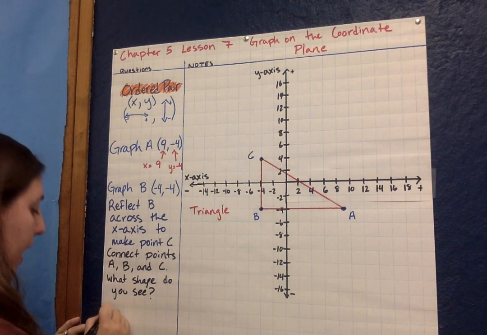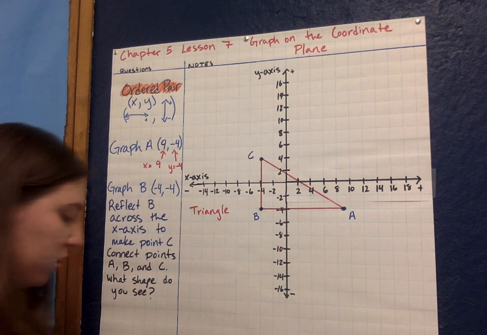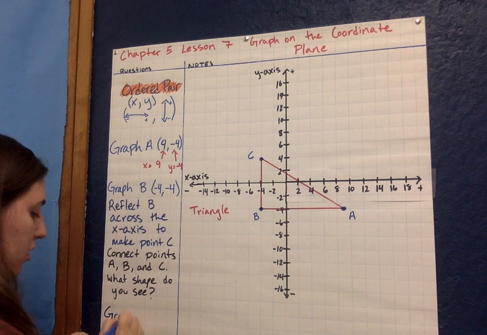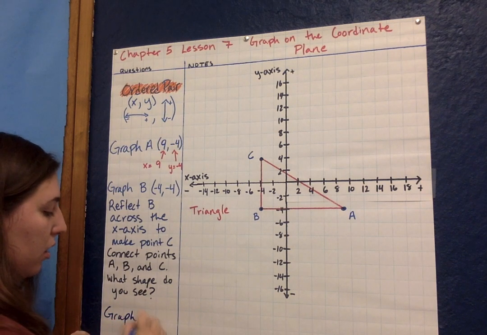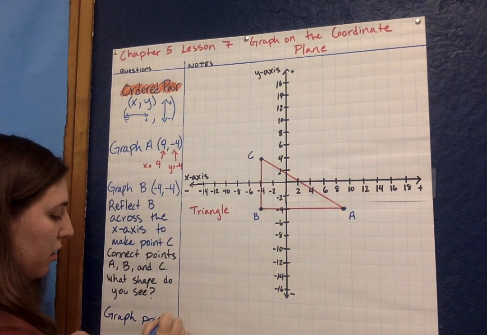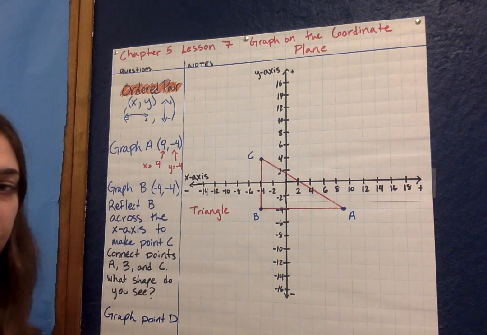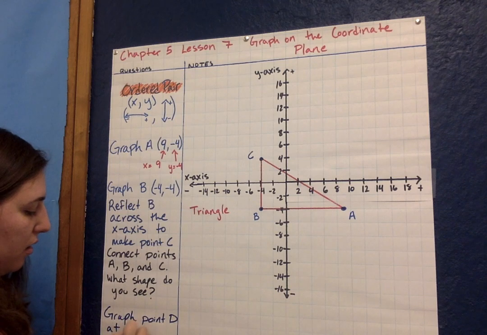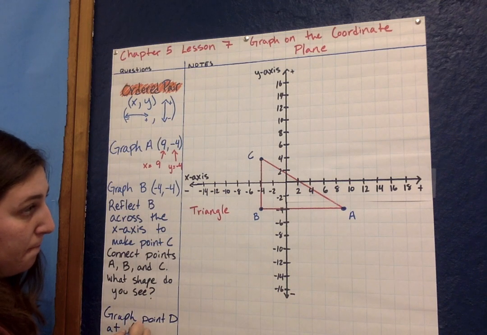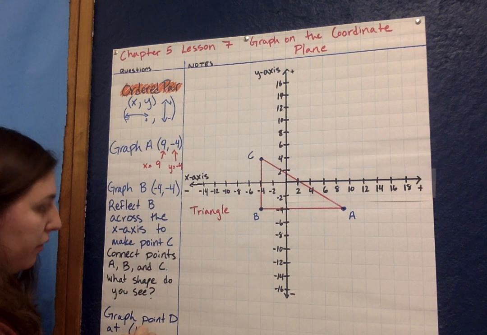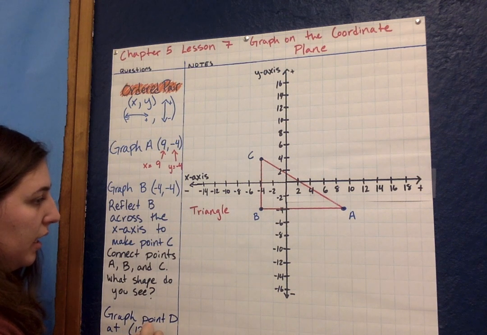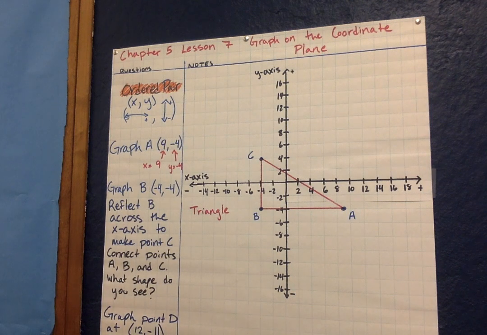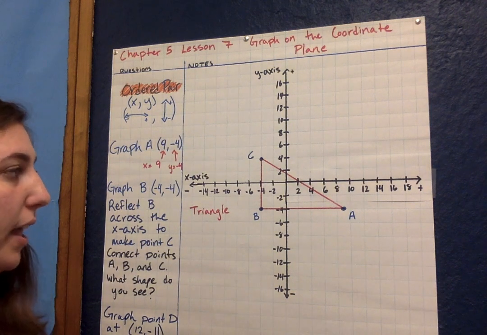So we're going to graph, I'll actually do it in blue, graph point D at, let's do 12, negative 11. Okay, so we're going to graph point D at 12, negative 11.